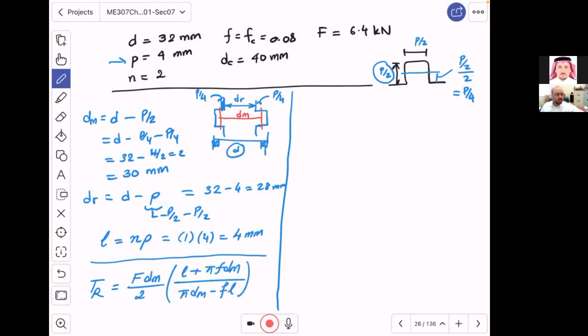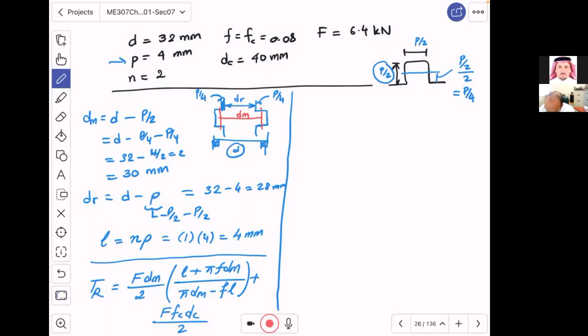Now, if we have a collar, we need to add the collar torque. The collar torque, if you remember, was F multiplied by μ collar multiplied by D collar divided by 2. You need to always add it to the torque.